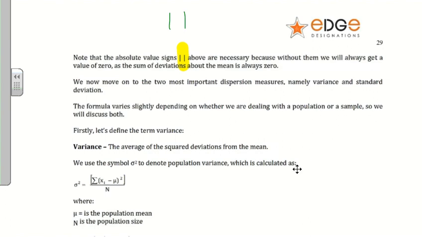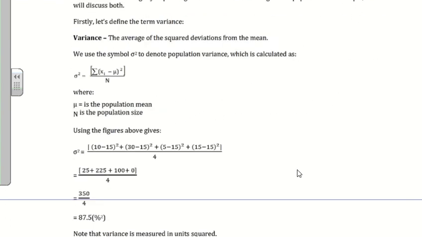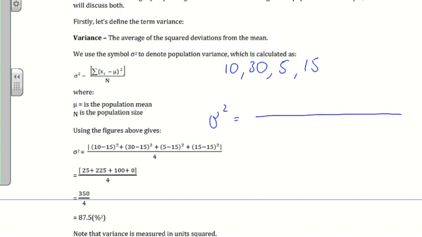The next major measure of dispersion is called variance. And look at the variance calculation. We're going to go with our same data again, guys. Let me just reproduce it for you: 10, 30, 5, and 15. Look at my variance calculation. First, let's denote it as follows. Variance calculation as follows, equal to.